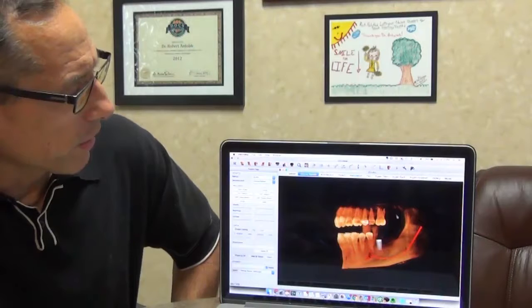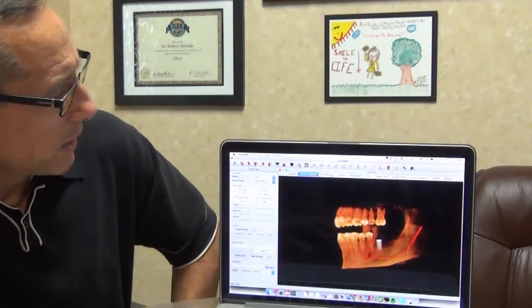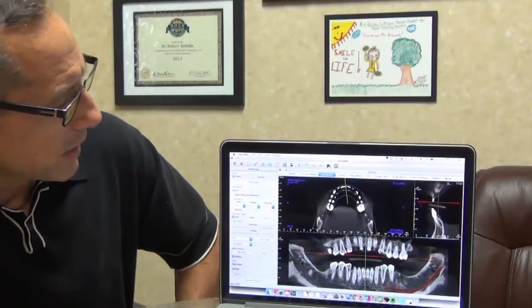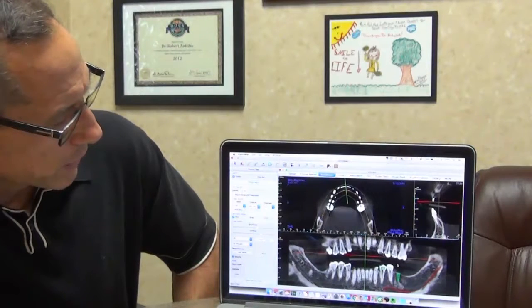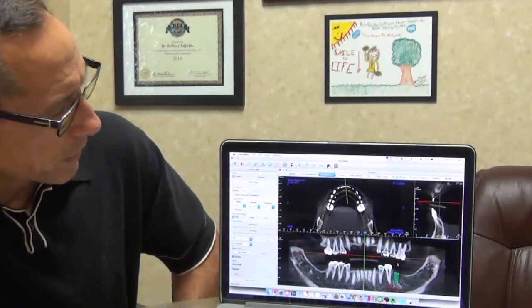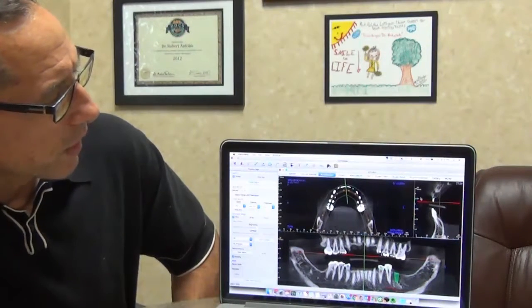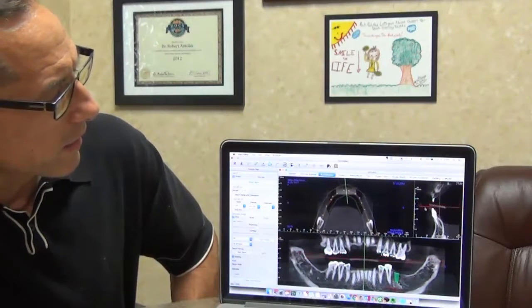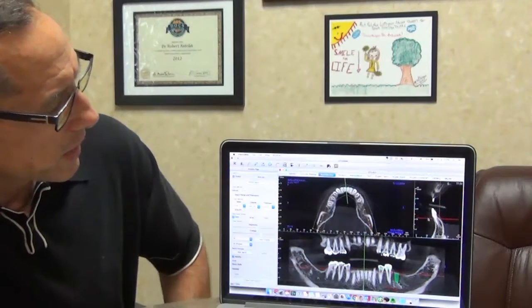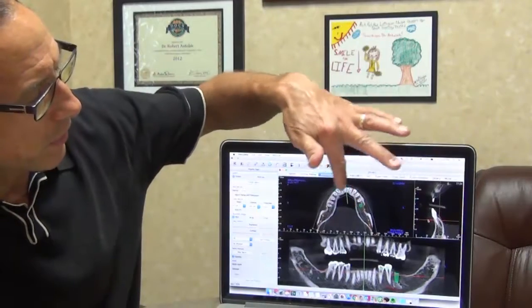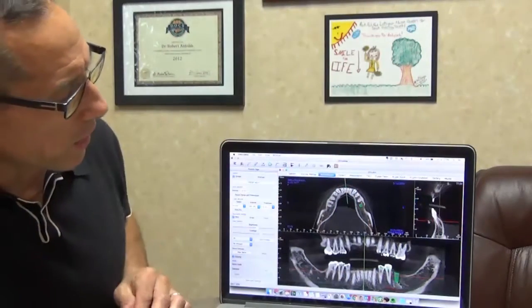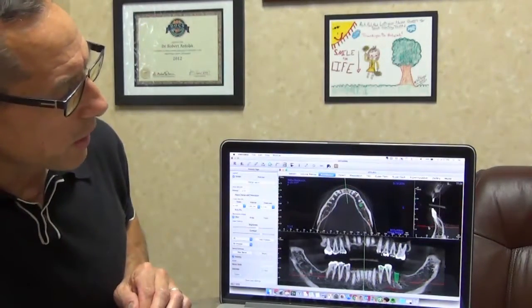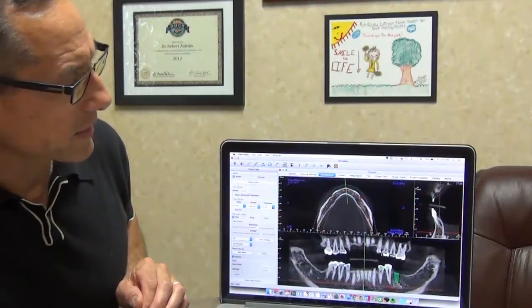The benefit of this technology is that we can see the different levels and angles of the teeth and the jawbone. As we can see right here, we have a cross-sectional view of an arch. We can see all the anatomy and things like that.